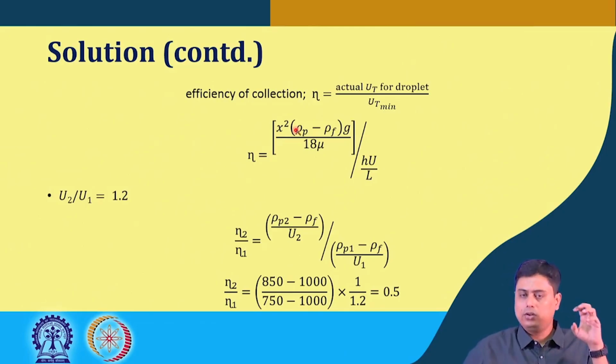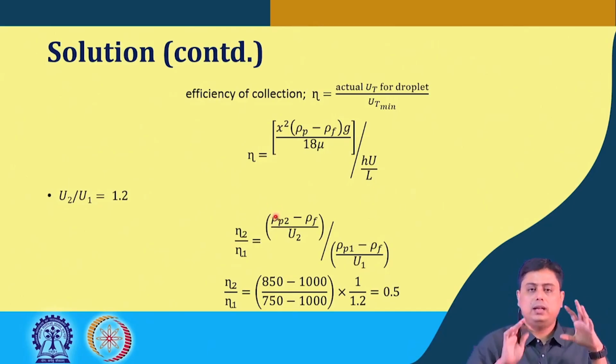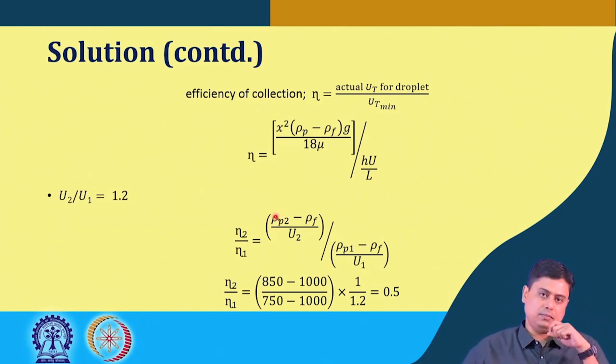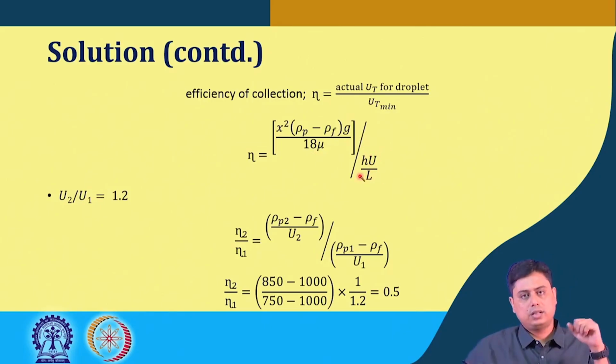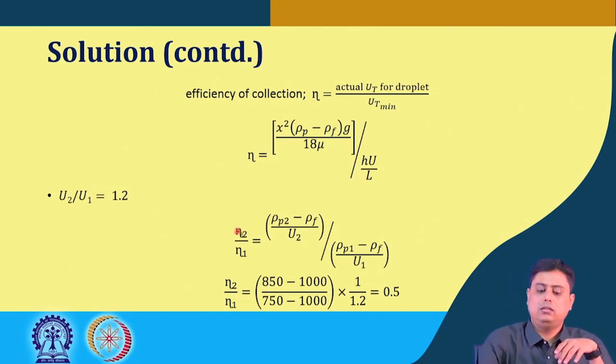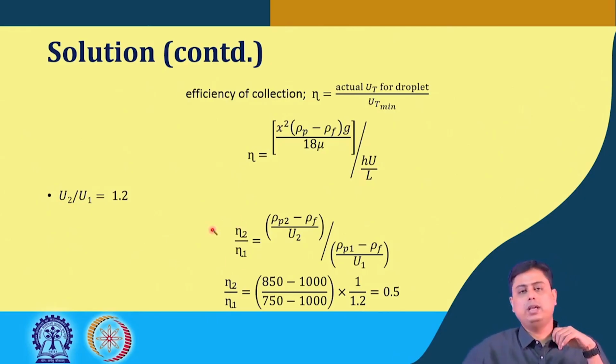This oil droplet we have considered as a rigid sphere, or in very gross terms, a solid object, which is the rho particle. These other parameters are constant: x, g, 18 mu, h, and L. All these are constant and are eliminated in the ratio of eta 2 by eta 1.